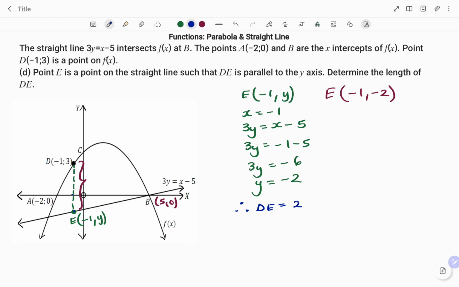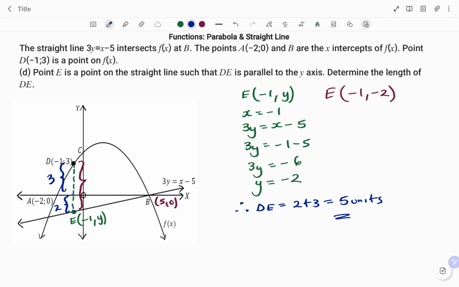So I have that as 2 plus 3, which is 5 units. What I've done is, this distance is 2 units, and then the other distance is 3 units. 3 plus 2 is 5.